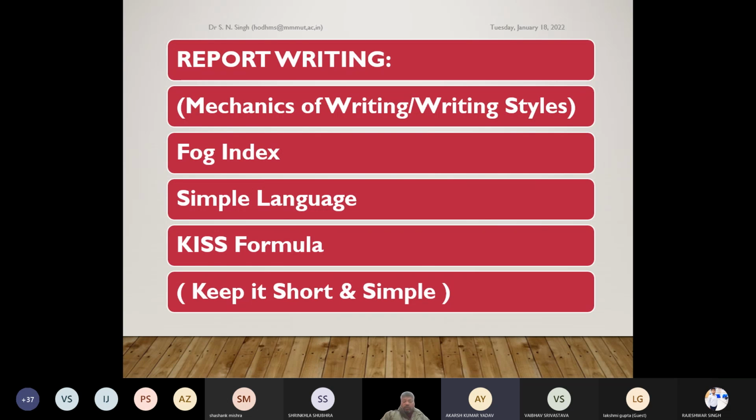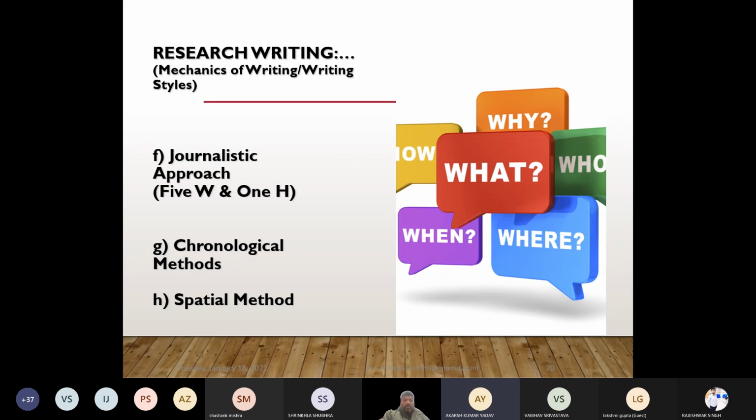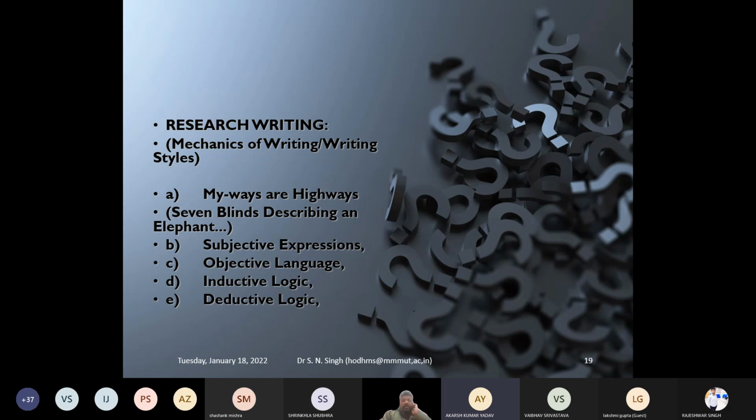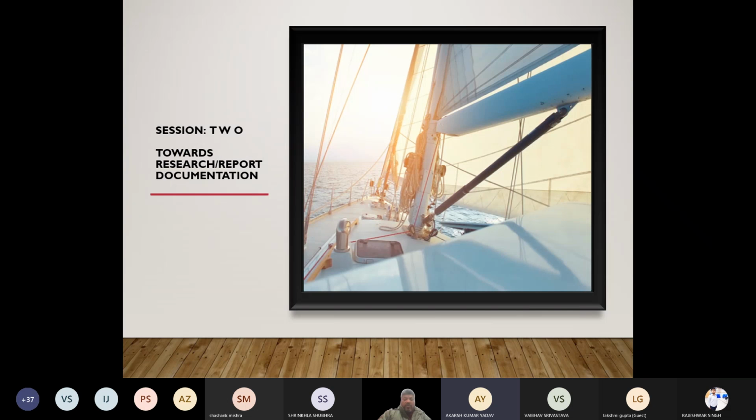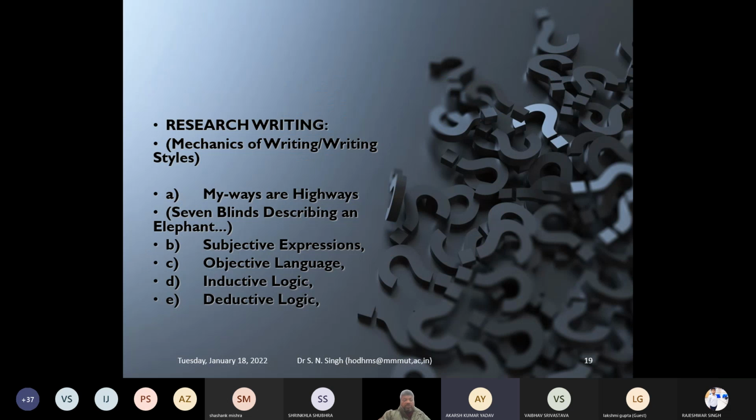Mechanics of writing. Today we have discussed various writing styles, and you have had a fair introduction in this session towards research report documentation.